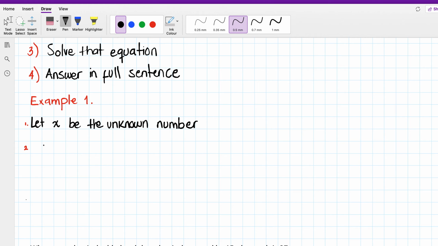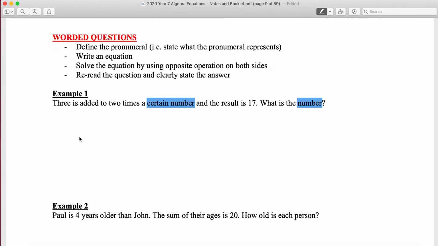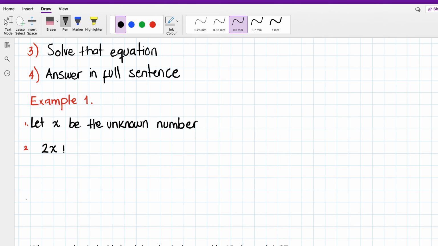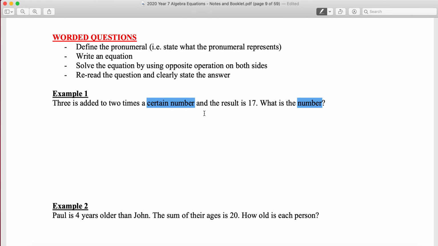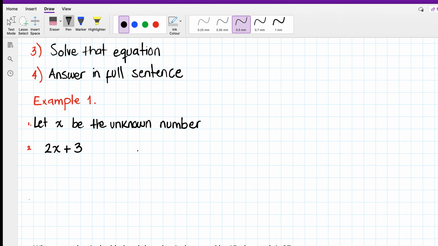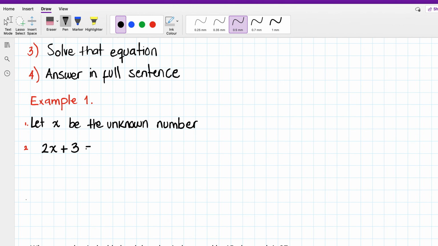So I'm going to say 2x, because 3 is being added to that, which is already happening. So I'm going to add 3 to this. Good. And then it's saying that the result is 17. Is equal to 17. So there I have step 2.